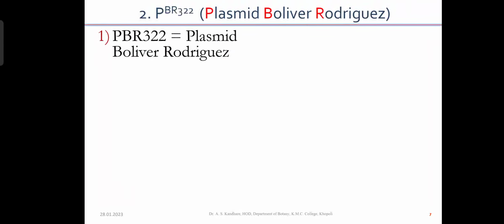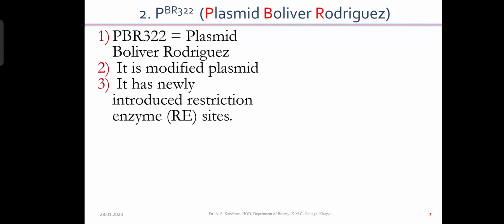So what are the features of this plasmid? PBR322 is a plasmid constructed by the scientists Bolivar and Rodriguez. It is a modified plasmid, certainly modified in the laboratory. It has new restriction enzyme sites.